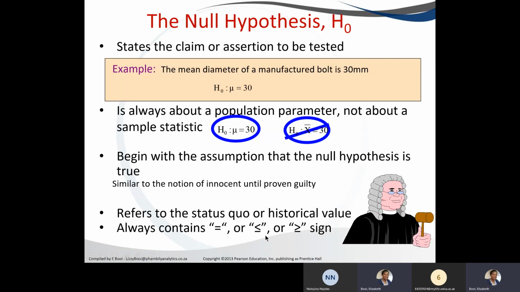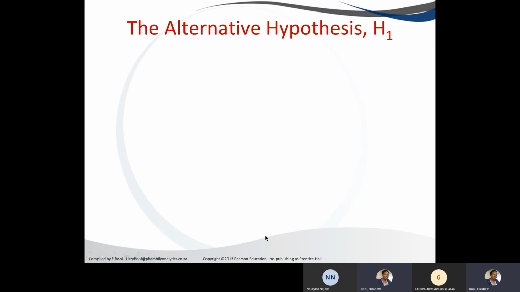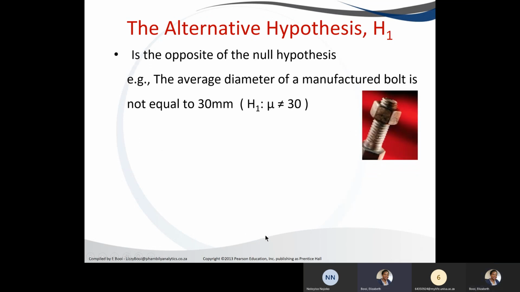Okay. The alternative, which is the opposite of the null hypothesis, we can state the opposite. So if our null hypothesis said it is equal, therefore the opposite will say it is not equal. Because this hypothesis will challenge the assumption that you made earlier, or the claim that you made earlier.